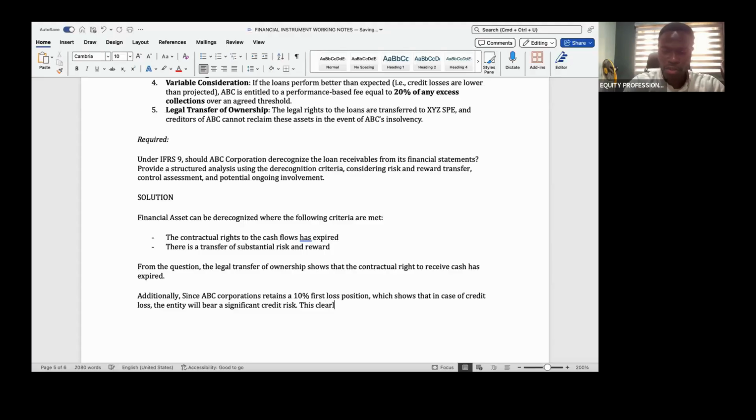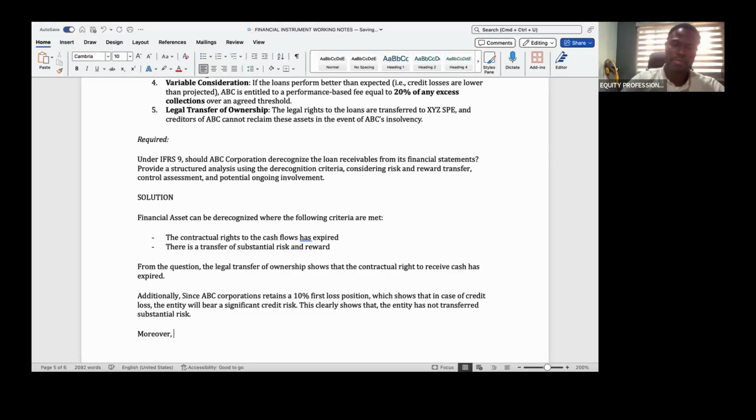This clearly shows that the entity has not transferred substantial risk, because 10% is substantial. A 10% first loss position, that's hugely substantial.